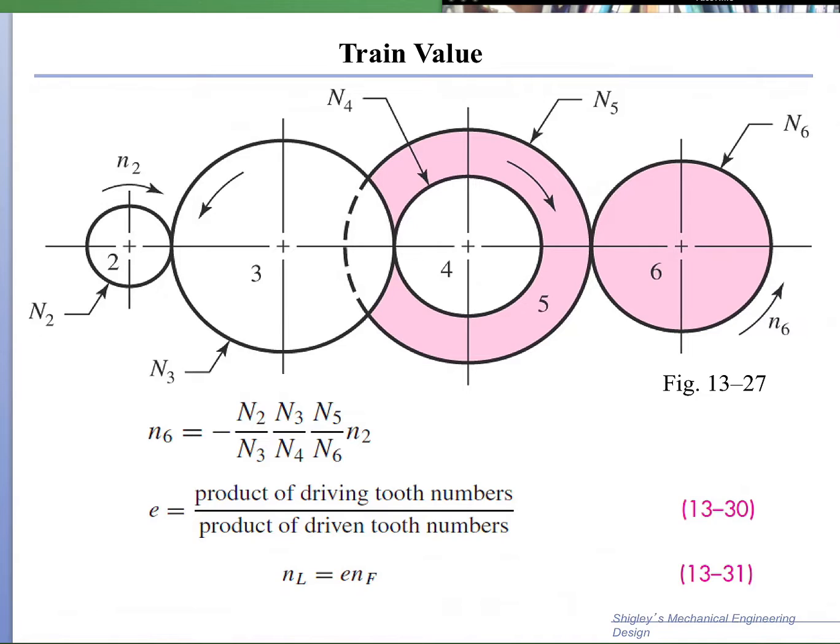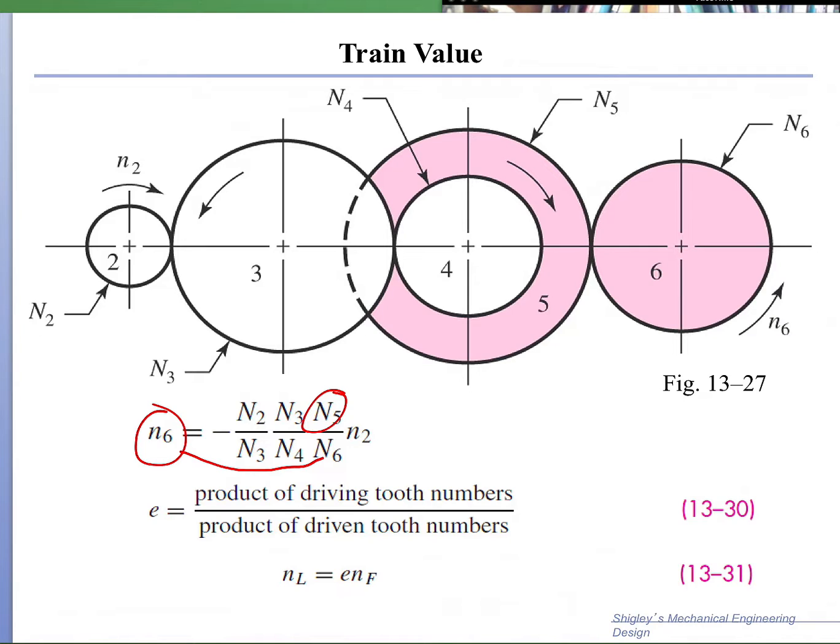If I want n6, then n6 times capital N6 is equal to n5 times capital N5, and so on.